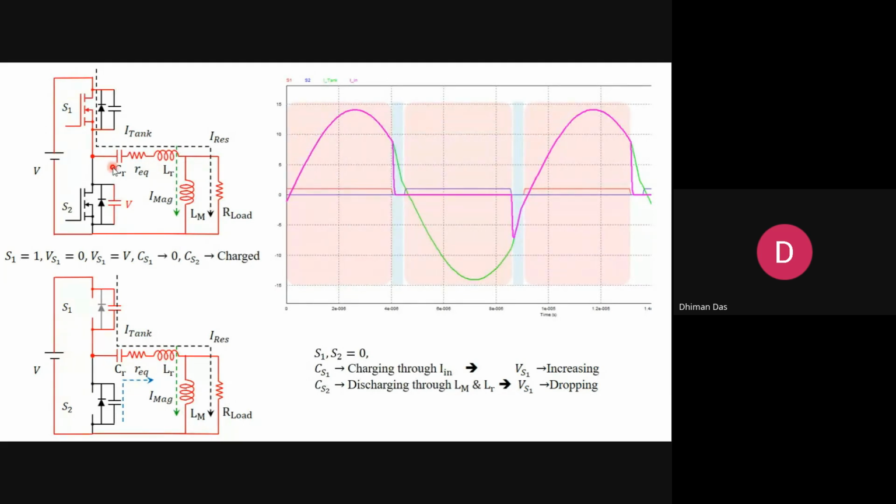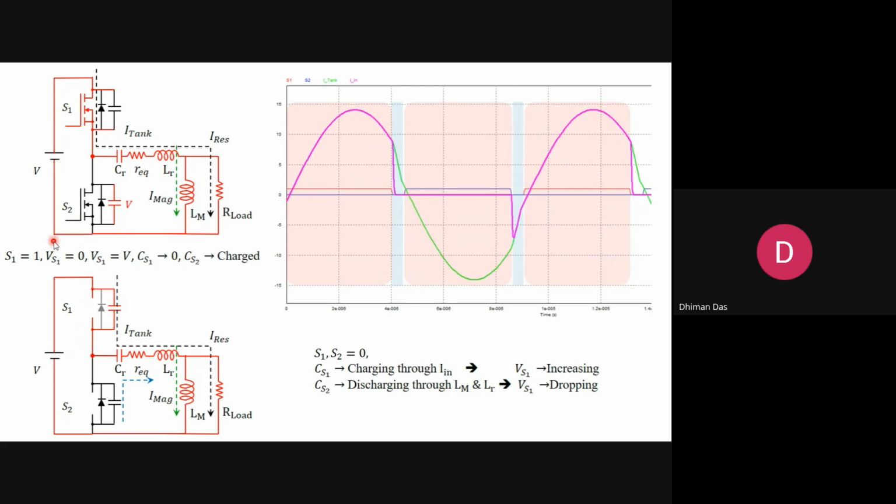Between these two transitions, when the top switch is off and the bottom switch is on, and then the bottom switch is off and the top switch is on, there are two transitions. Between these two transitions, a dead time is inserted. How much dead time you want to put, and what the optimum value of dead time is, we will show.